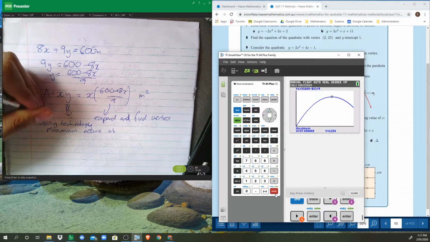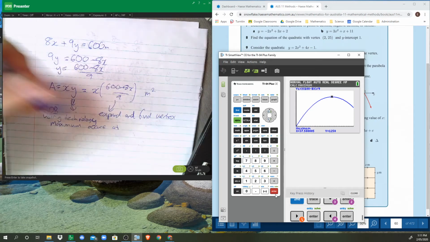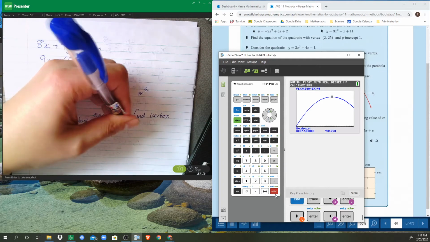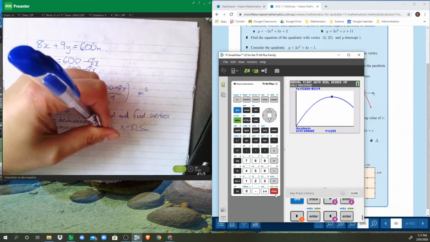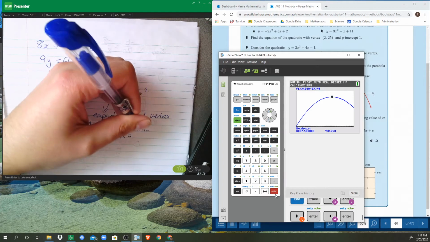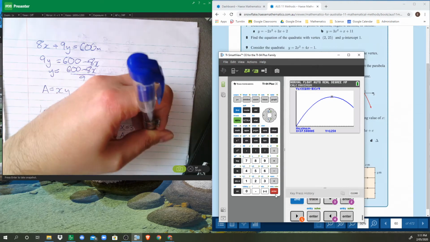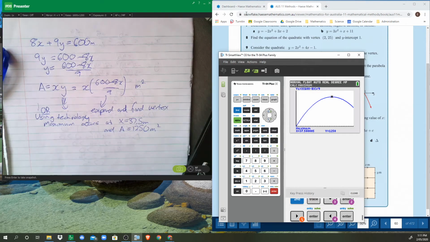The point I was making in this sheet is that you could do it the other way, but it would take you longer. Using technology, maximum occurs at x equals 37.5 meters and area equals 1250 meters squared. All right, so there we go.